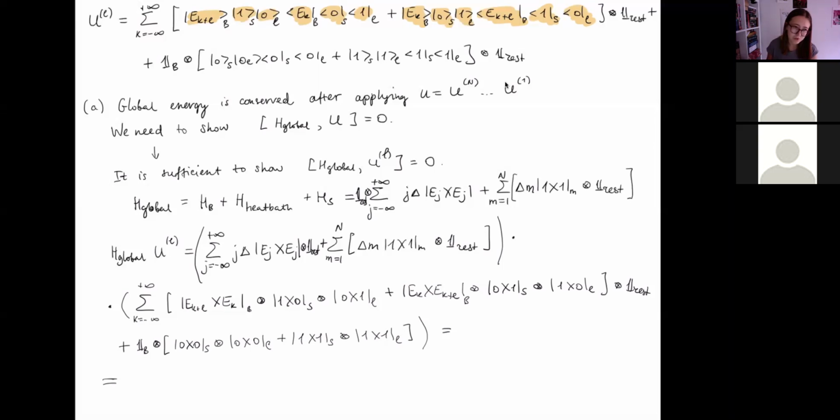Sorry, 4 terms. Apparently I cannot count. So we get 8 terms. And let us just see which terms survive and in which way they survive.